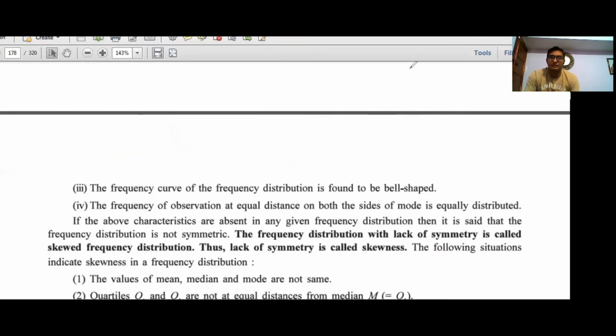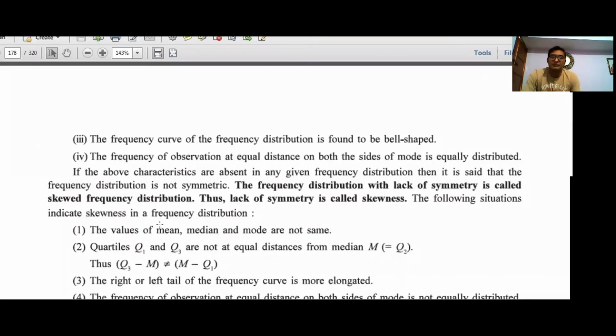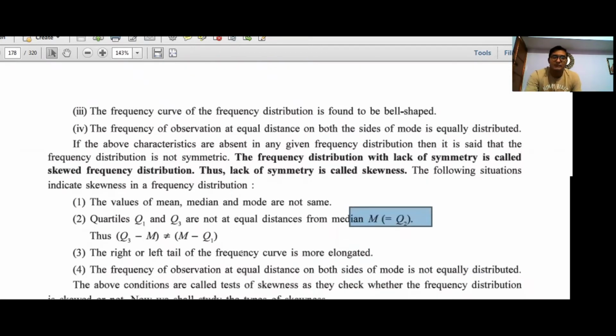So there are some situations of skewness: first, the values of mean, median and mode are not the same. Second, quartiles Q1 and Q3 are not equidistant from the median. Third, the right or left side of the frequency curve is more elongated.